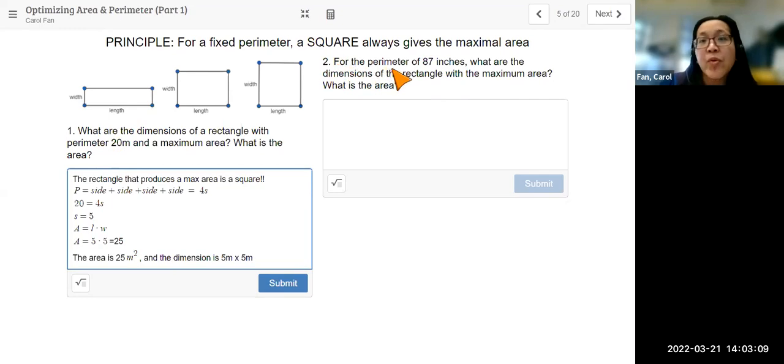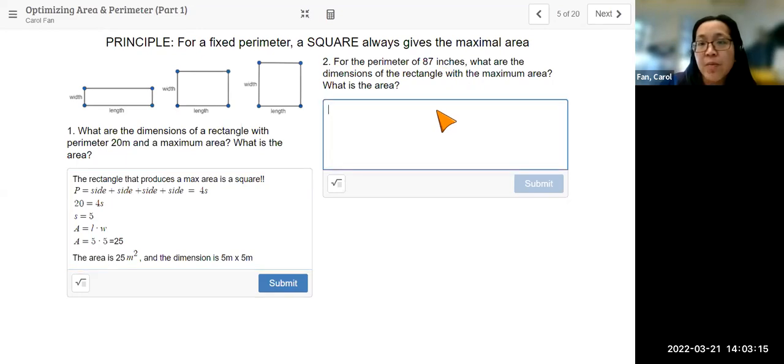Let's say I have a perimeter of 87 inches. What's the dimension for the rectangle with the maximum area? What is the area? Once again, we know that the rectangle is a square. Because it produces the maximum area, I know that my perimeter of a square is 4s.